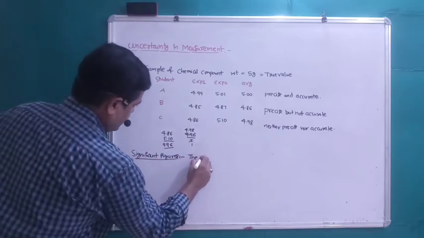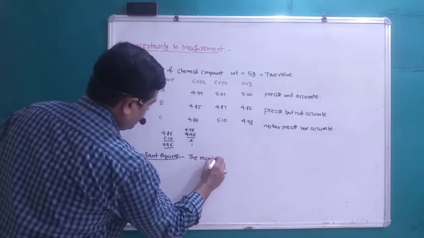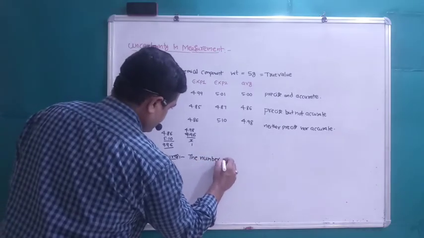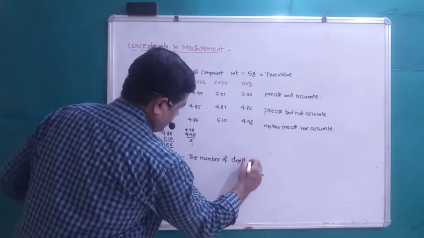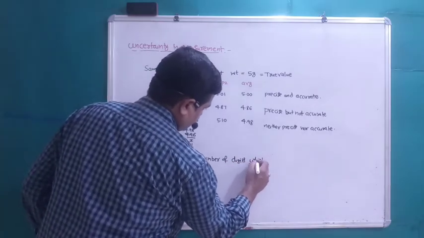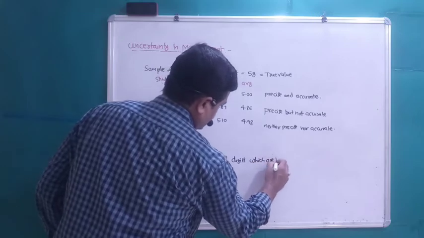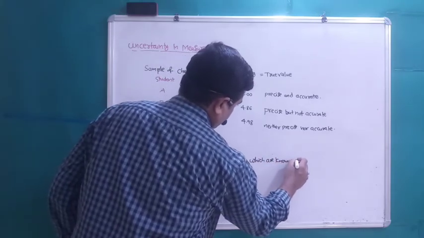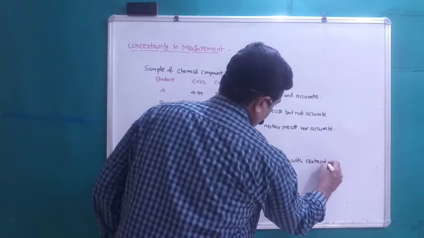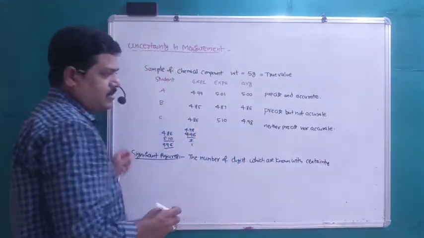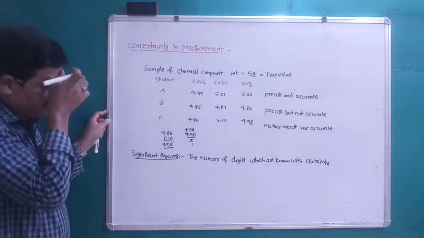Then the significant figures is the number of digits which are known with certainty. Number of digits which are known with certainty.